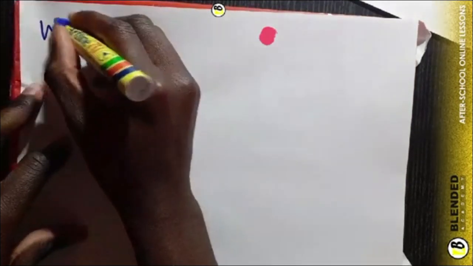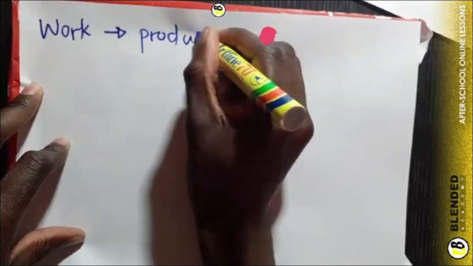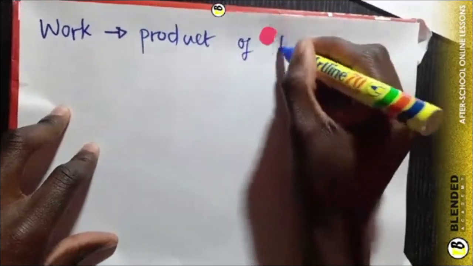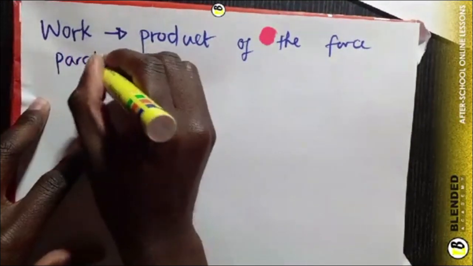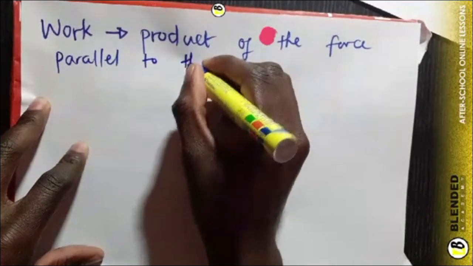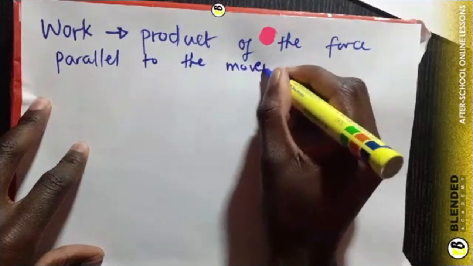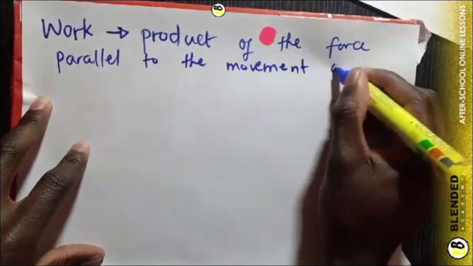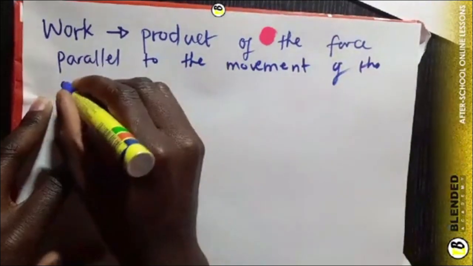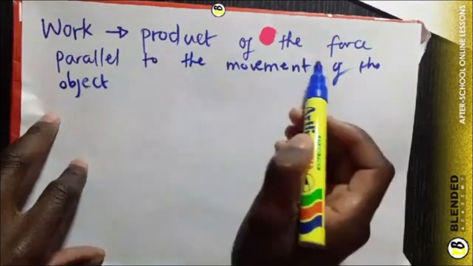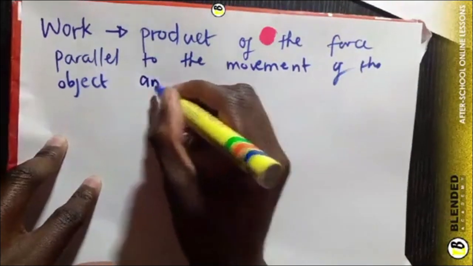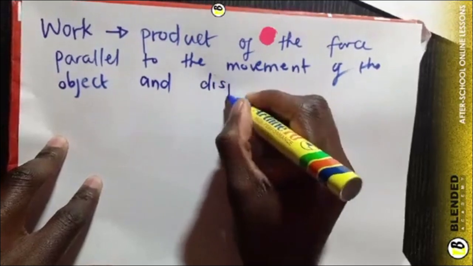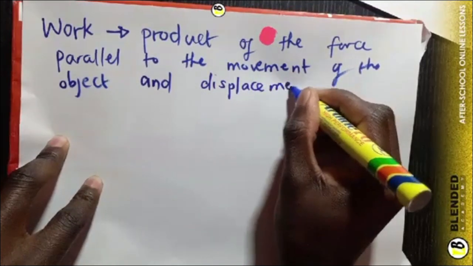So now, this work that we're talking about is the product of the force parallel to the movement of the object and the displacement. So it's the product of force and displacement. You understand? That's what we mean when we talk about work in this case.